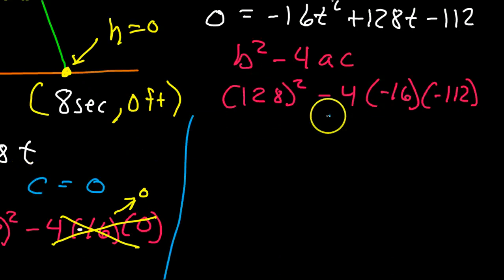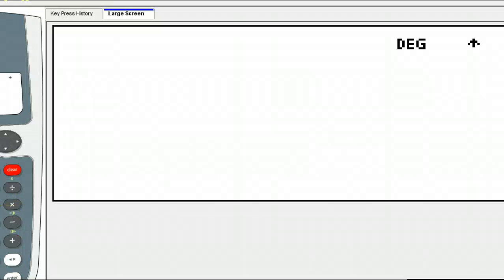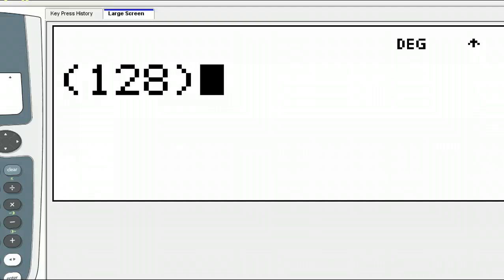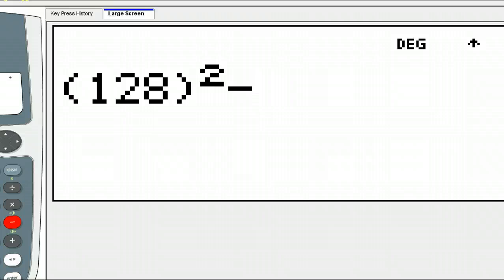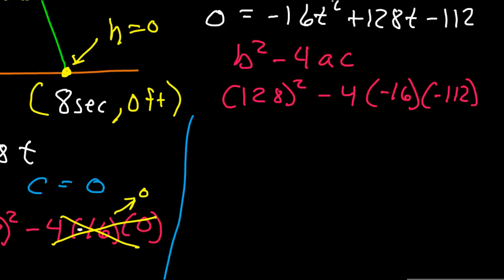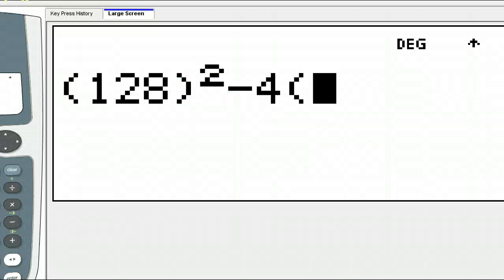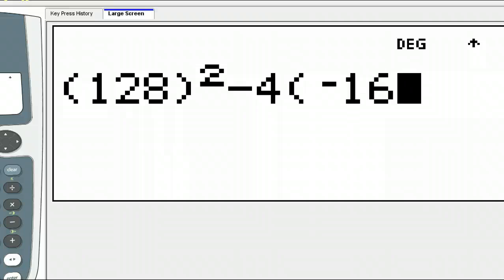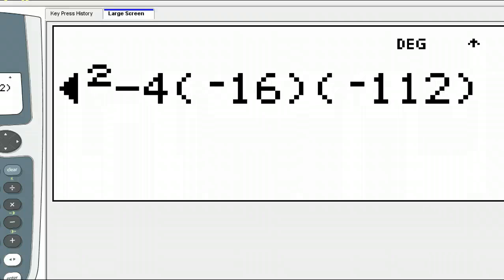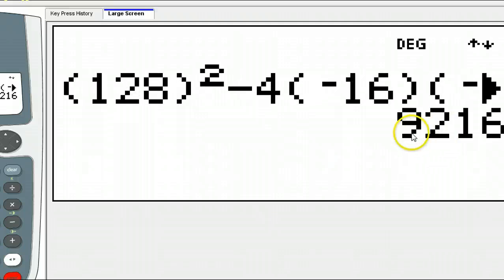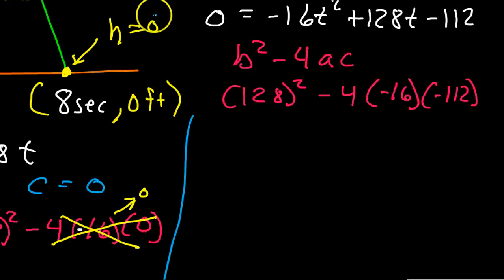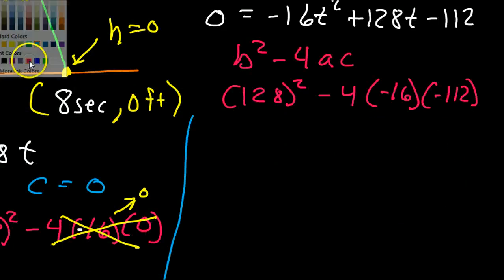So it's 128 squared. Okay, so I'm getting 9,216 for the discriminant.